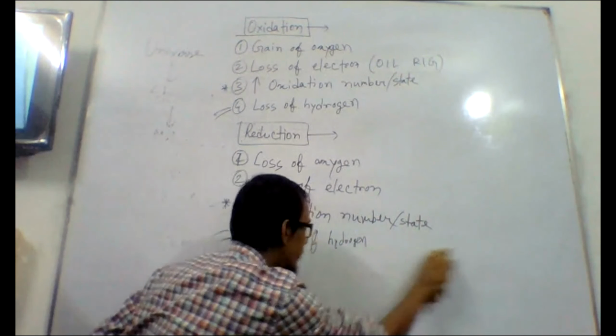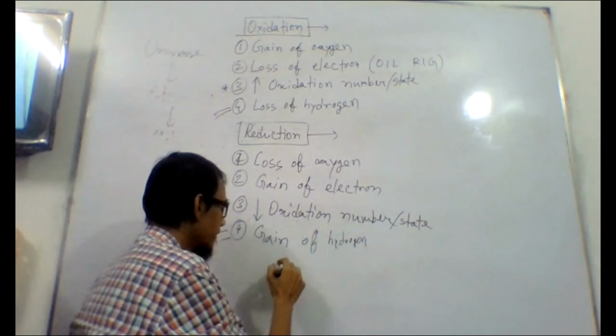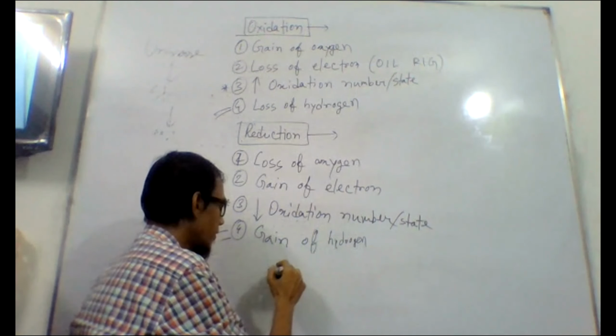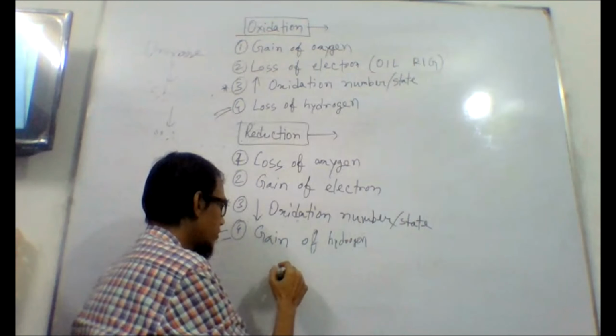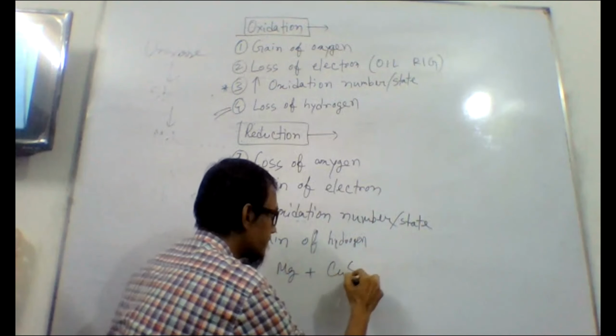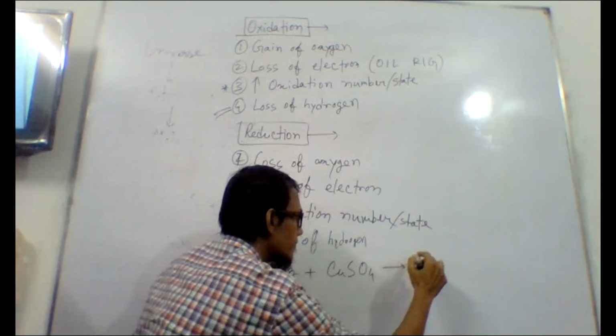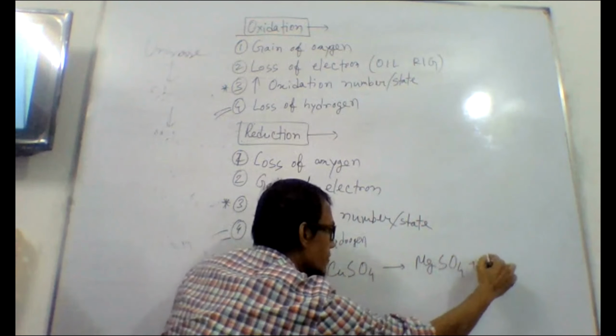But if something is like this, say for example, magnesium plus copper sulfate gives magnesium sulfate plus copper.